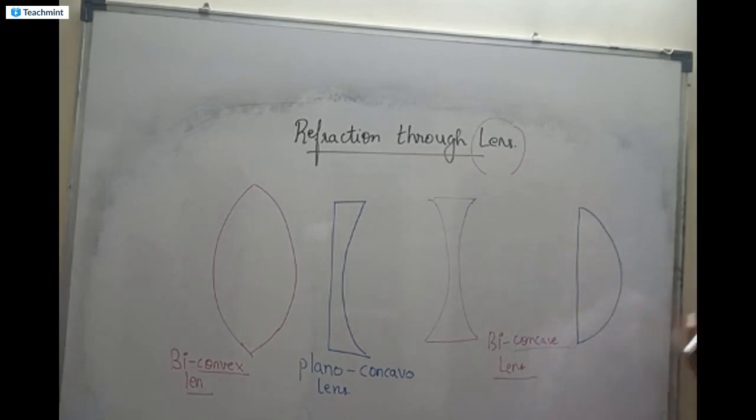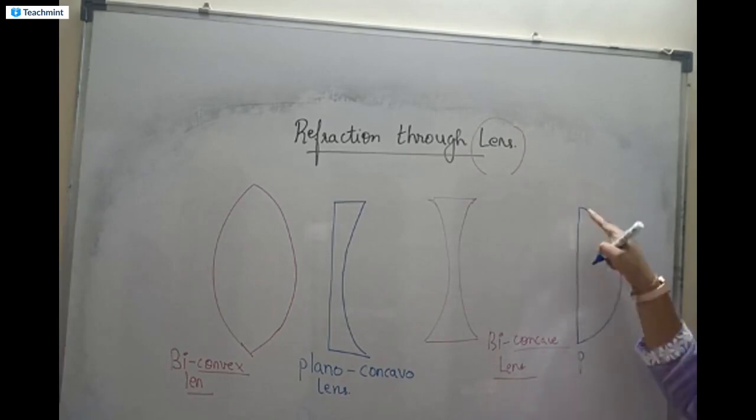The hint is here. What should be the name of this lens? One is straight and the other is bulged. Yes, Nidhi, what should you call this lens? Concave? Not concave, it is convex.